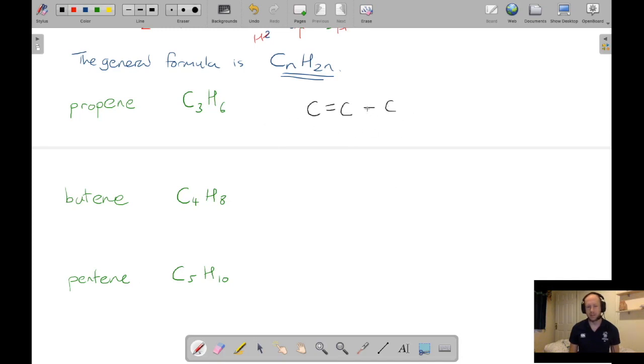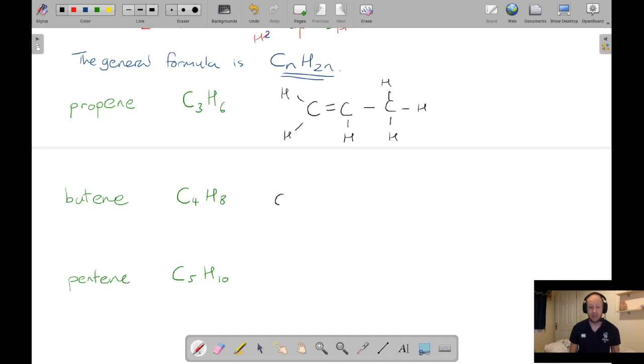This guy here has only had one bond attached to it, so he can have 3 hydrogens. This carbon atom has 1, 2, 3 bonds already attached, so he only needs 1 hydrogen. This guy has 2 bonds attached, so to get to 4 bonds, he needs 2 hydrogens. This is propene.